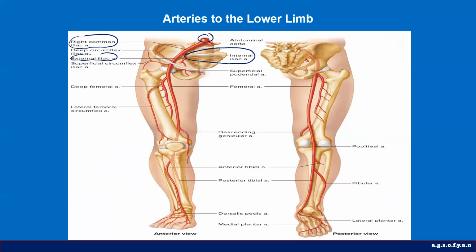So the external one is bigger, and it will go down into the lower part of the legs, becoming the femoral arteries, popliteal arteries, and many other arteries that will give blood to the muscles and also bones of the lower limbs.